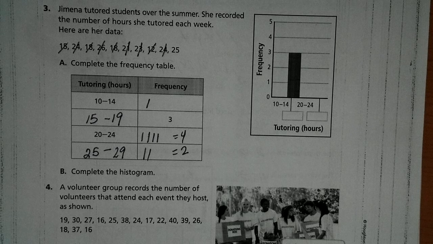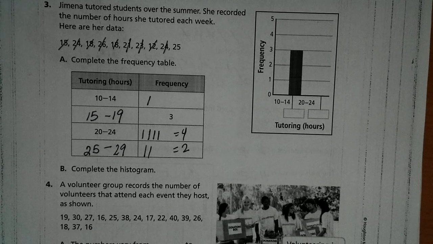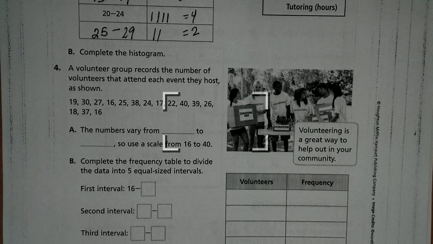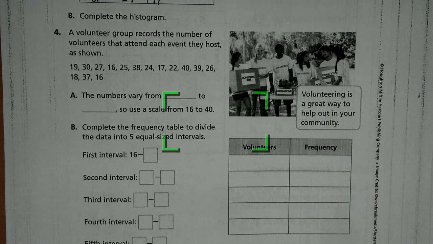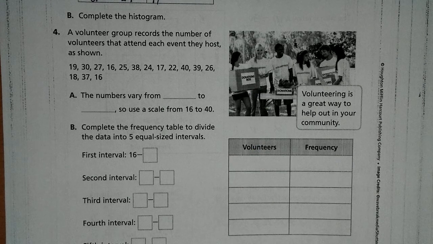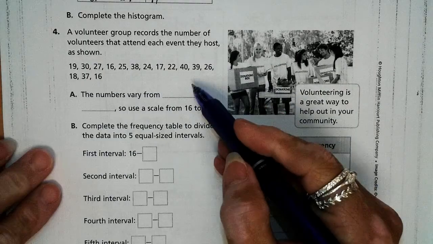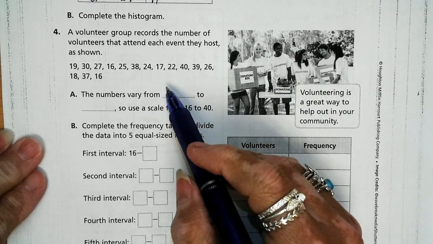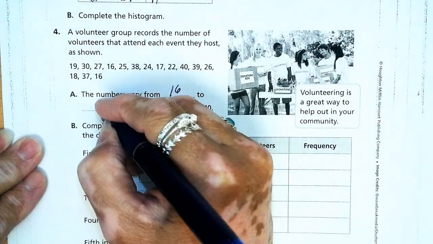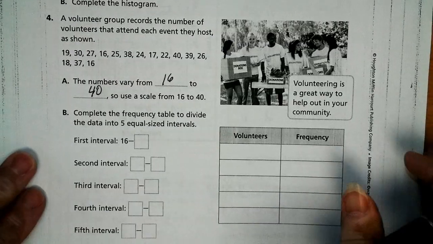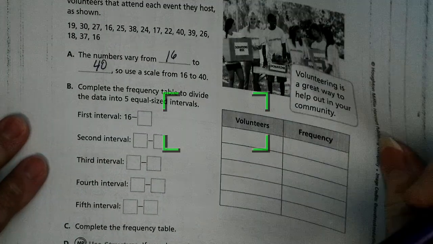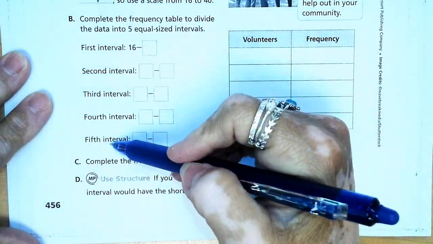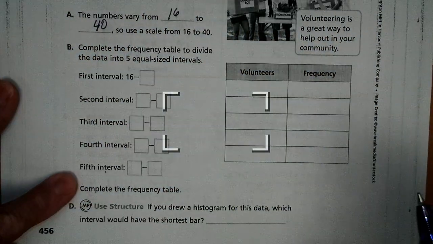Can you help me on number 4B? Well, we kind of need to do A though, right? A varies from what? What's my least number? 16 to 40. Yep. They tell you we're going to use 5 intervals.